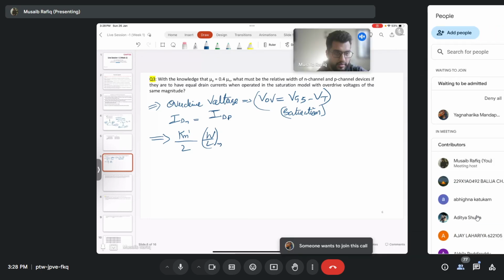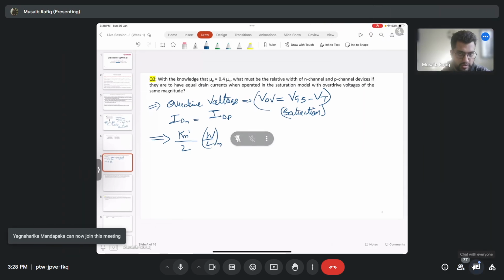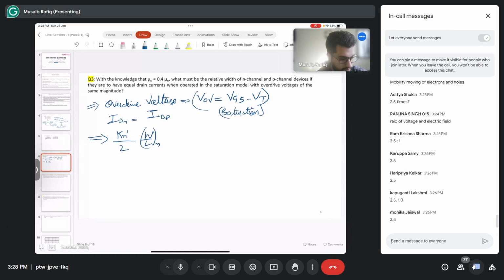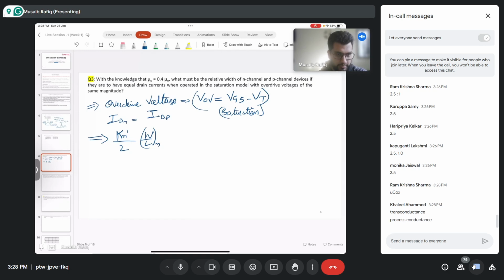First is kn dash. What is this called? Answers only in the chat box. It is equal to mu n Cox, but it has a particular name, transconductance, and there is one more term before that: dash transconductance. Yes, process transconductance. Thank you. And the second term is W by L. What is this called?